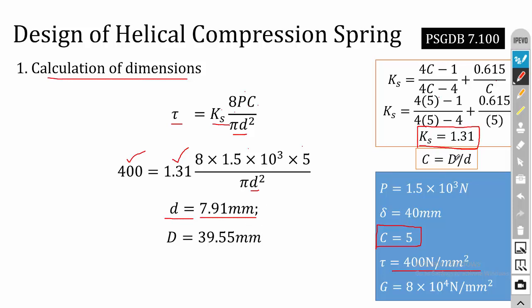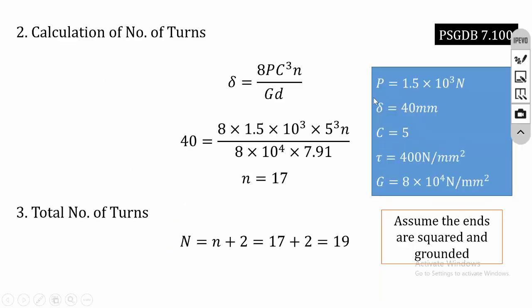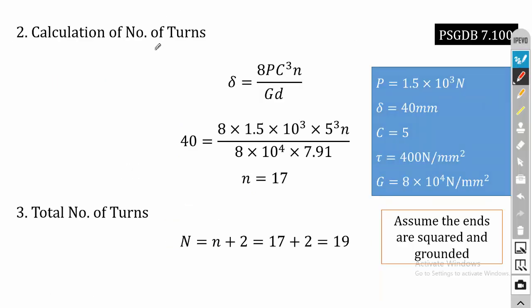And we know that C is equal to capital D divided by small d, and C is 5, small d we have calculated. So you can substitute this and calculate the value of the capital diameter, that is the coil diameter, and the answer is 39.55 mm. Then the second step is calculation of number of turns.